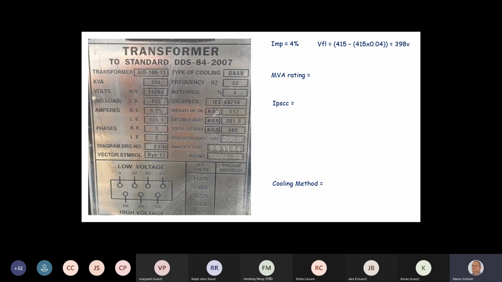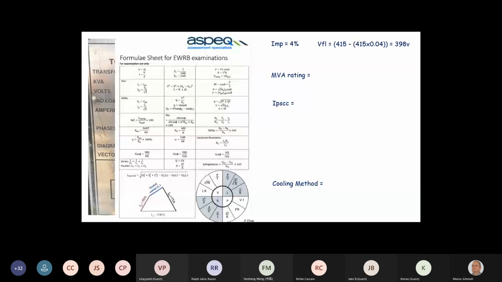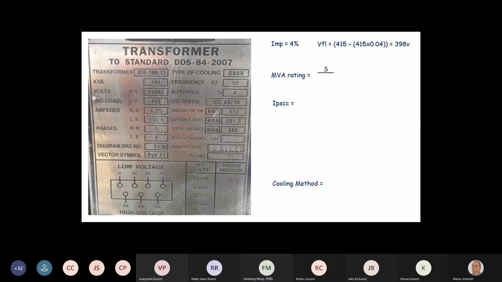Right, what's your MVA rating? That's easy. I'll give you a hint. Obviously, that's what we just did. S divided by impedance. How much do you guys get? S, there it is. S is your kVA. Is it 100 kVA? Yep.